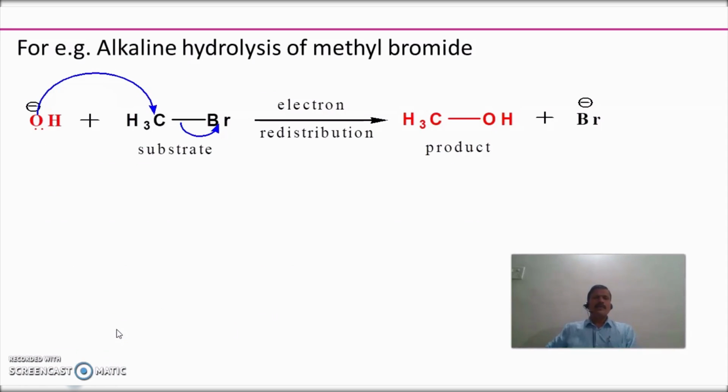For example, alkaline hydrolysis of methyl bromide. When you look at this reaction, it is clear that oxygen bears a negative charge, and as it has high electron density, it tries to give it to the more electron deficient carbon center, which is connected to bromine, which is more electronegative.